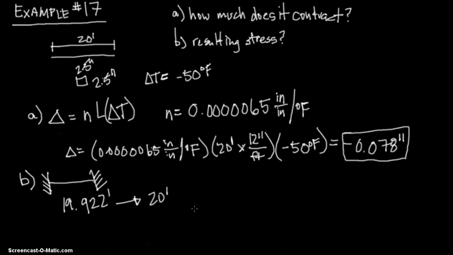So when you stretch it, the deflection equals, well, we already got it. It's negative 0.078. And you want to look at it as a deflection equals PL over AE equation.